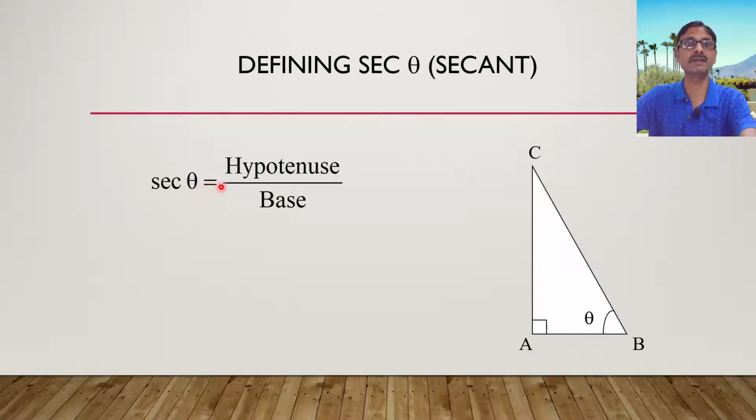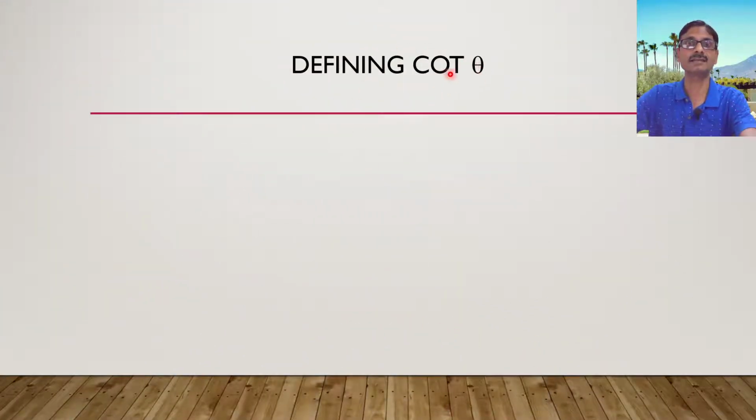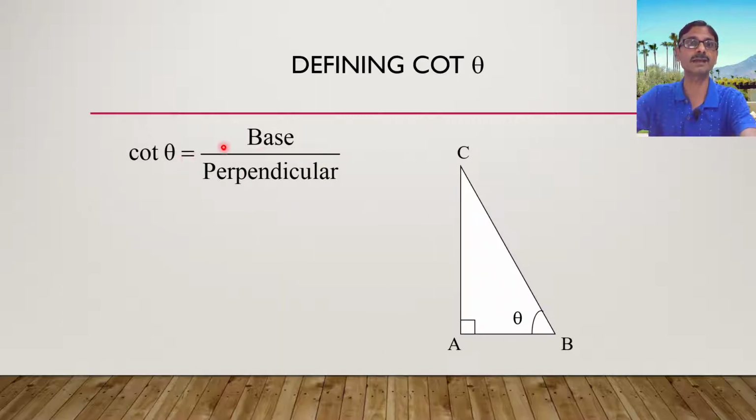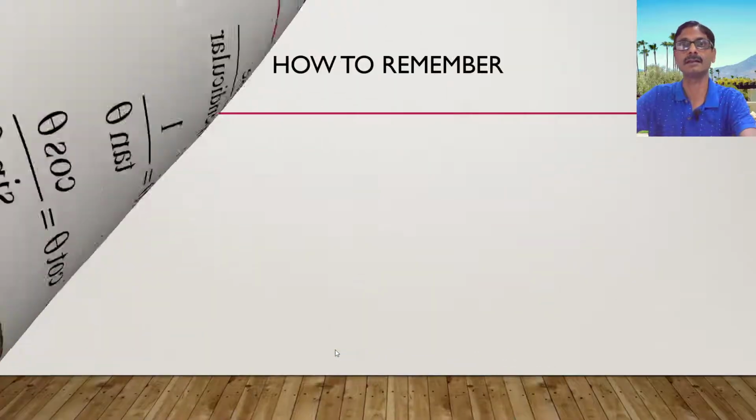Sec theta equals hypotenuse upon base, and when it is ratio of hypotenuse with base, naturally it is reciprocal of cos theta. Next is cot theta, full name cotangent. Cot theta is given by ratio of base with perpendicular, and that is reciprocal of tan theta, and therefore it can also be called cos theta upon sin theta.